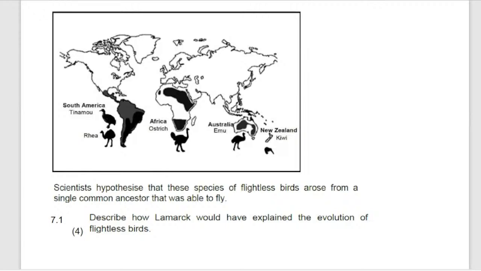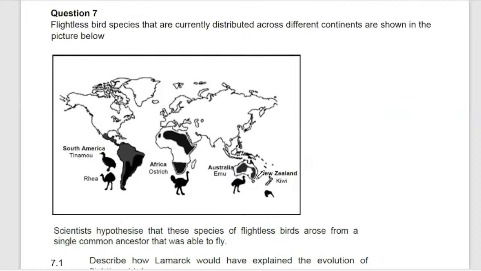We are saying that scientists hypothesize that these species of flighted birds arose from a common ancestor. Guys, when they bring a question of evolution, make sure that you relate to the question they have asked you. Don't just write. Now you find someone using giraffes here.